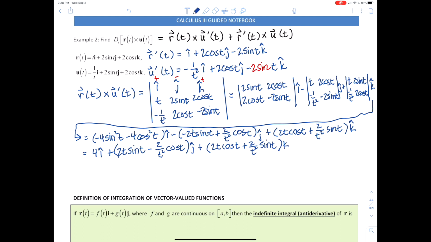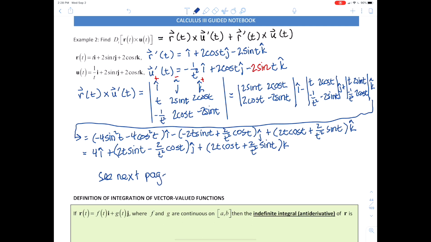Now, I'll tell you right now that honestly, I don't think this is the easiest way. I think because we have to do a whole other cross product, right? With r prime at t cross u at t. So honestly, I'm going to say see next page.